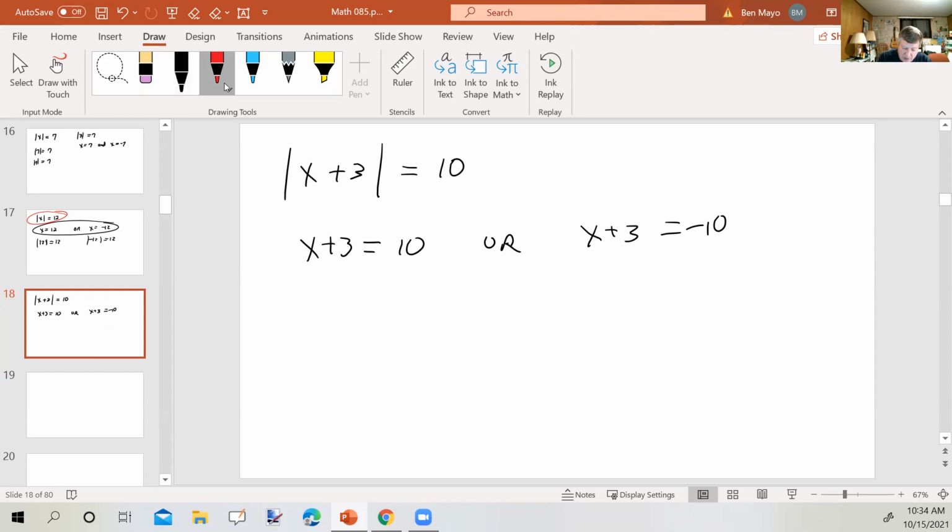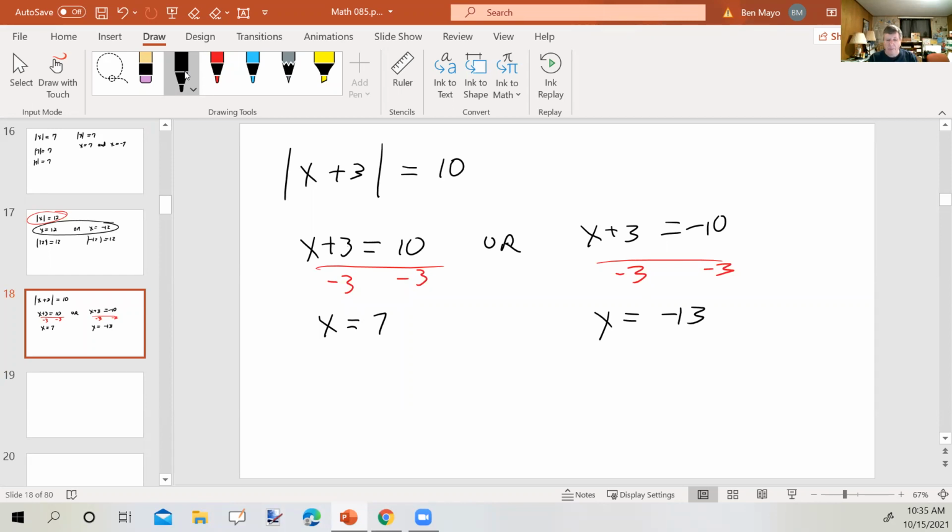So that produces these two equations. But unlike the previous cases, we need to go on and solve these. So for x plus 3 equals 10, subtracting 3 from both sides of the equation, we get x is 7. For x plus 3 equals -10, subtracting 3 from both sides, we get x equals -13.